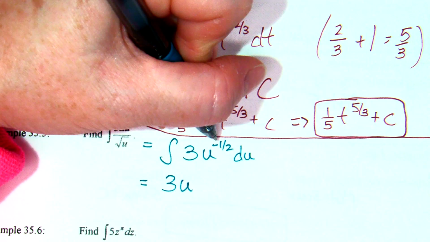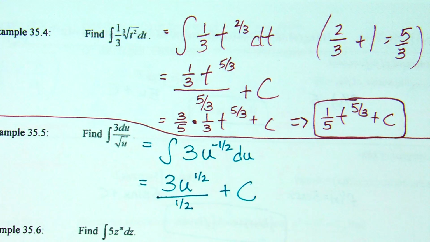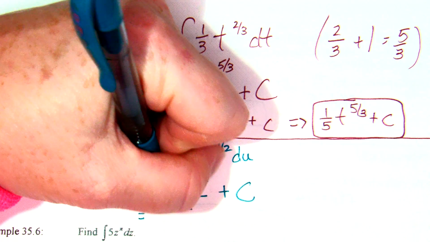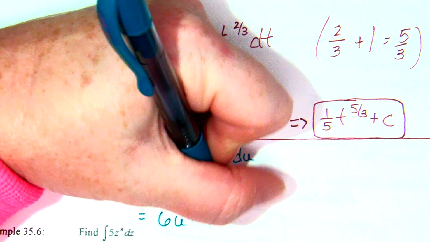Divide it by that positive 1/2, and don't forget, plus c. What is 3 divided by a half? 6. Because if I take 3 wholes and divide them into halves, they're 6. Or multiply by the reciprocal. 3 times 2 over 1. 6u to the 1/2 plus c.